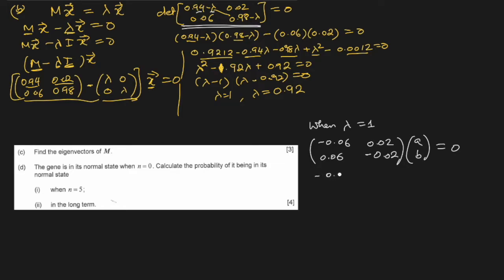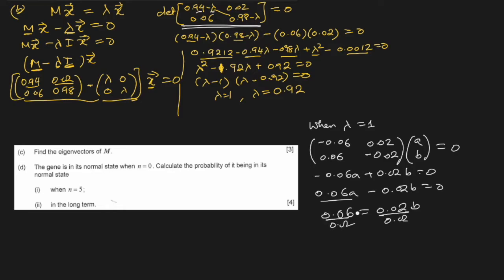So it gives us two equations, minus 0.06a plus 0.02b equal to 0, 0.06a minus 0.02b equal to 0. Both of them will give us the same thing. Let's do this one, 0.06a equal to 0.02b. So we can divide by 0.02 on both sides. So 3a equal to b.